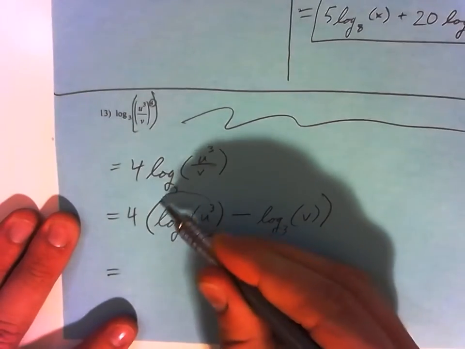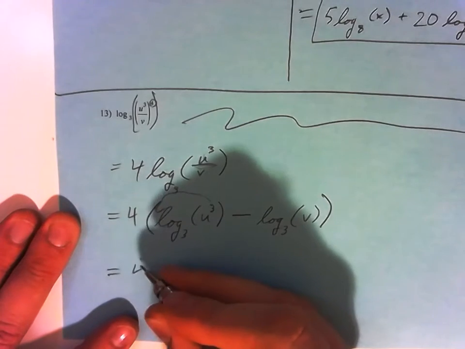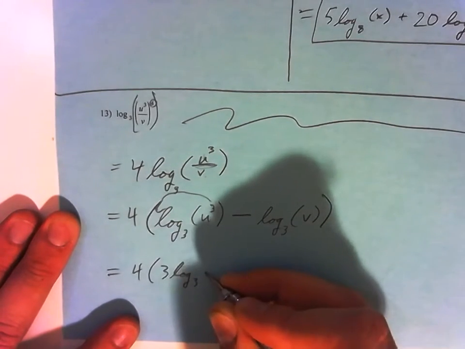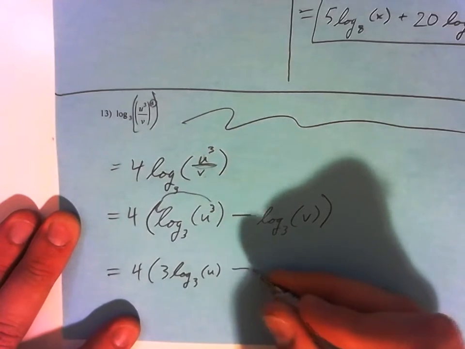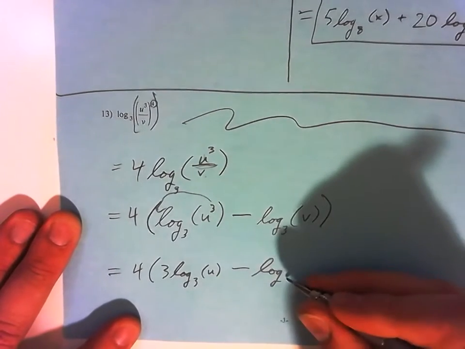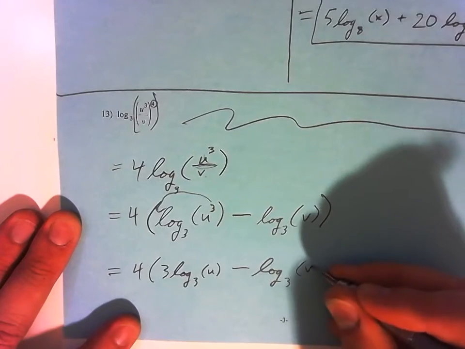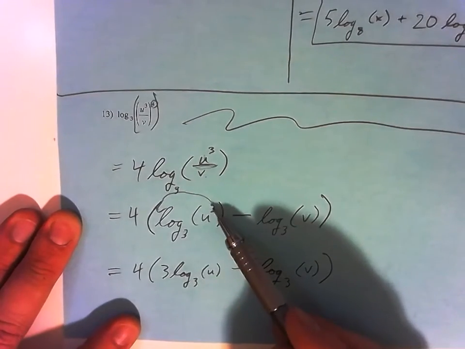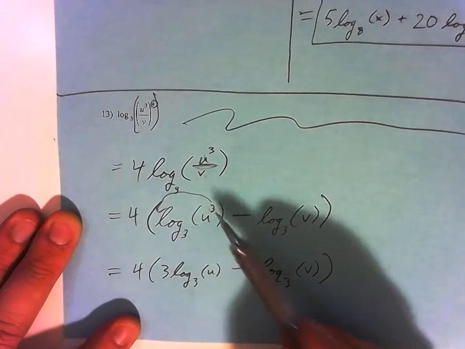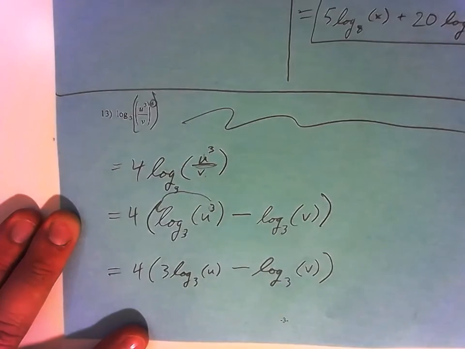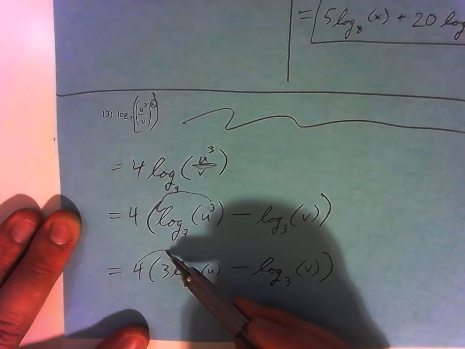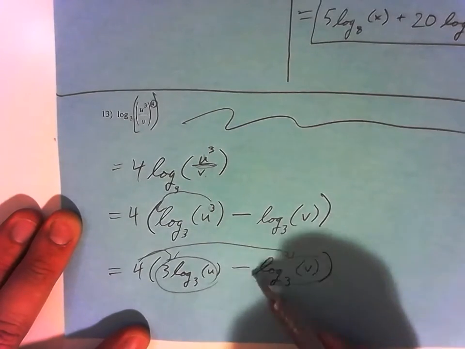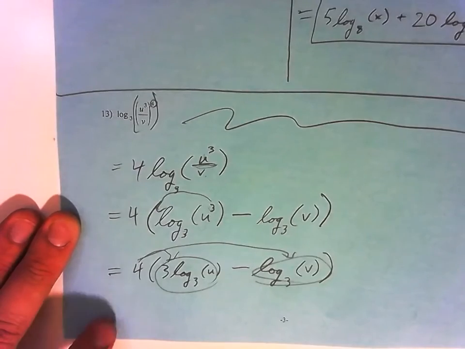And I'm going to use the product property here real quick and say that's 3 log base 3 of u. It's just a coincidence that those are both 3's. The 3 here came from that 3. And now I'm going to distribute 4 times this minus 4 times this.